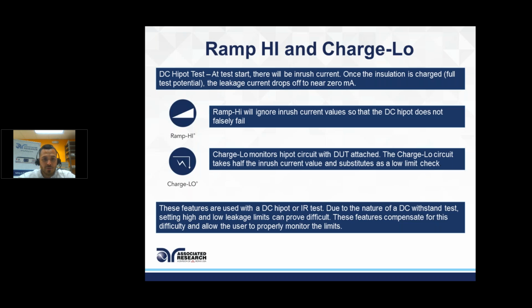These features are used with a DC Hipot tester or an IR tester. Charge low is available on IR. Due to the nature of the DC withstand test, high limits and low limits can prove difficult because of that reactive current. So these features compensate for this difficulty and allow the user to properly monitor these limits.